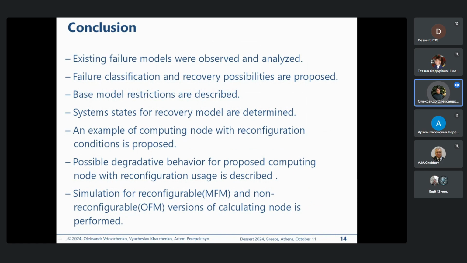We described our own models based on defects and their consequences. We described a state model and chose the real hardware for simulation of behavior to that model. And we show the results that can be used later in our work.